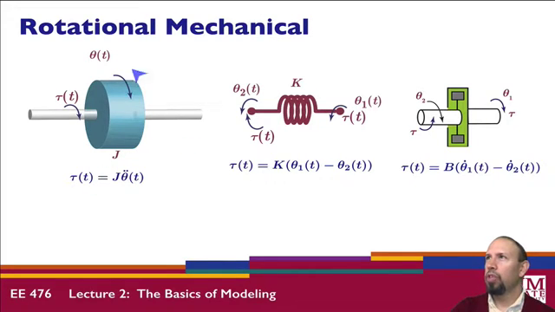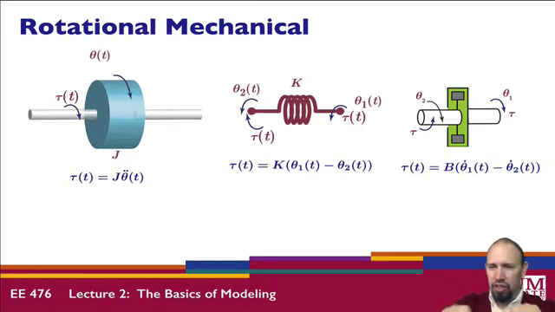For rotational mechanical systems, we have torques and rotational angles. This is Newton's law for rotation: the torque is equal to the inertia times the rotational acceleration. For a spring, the torque is proportional to the twist.